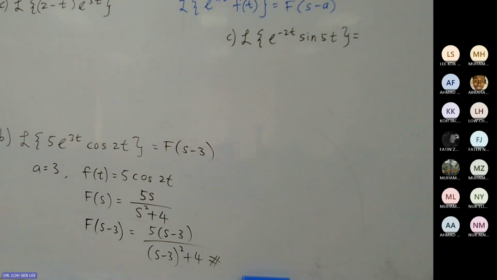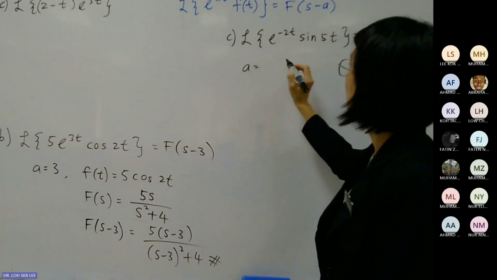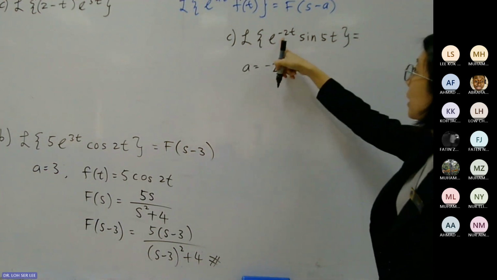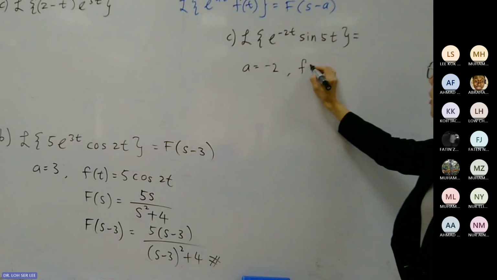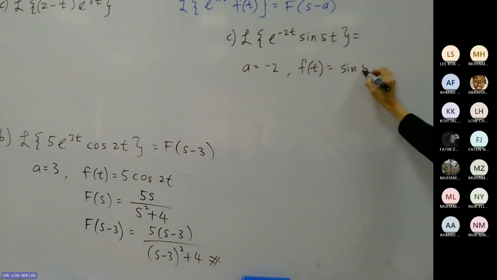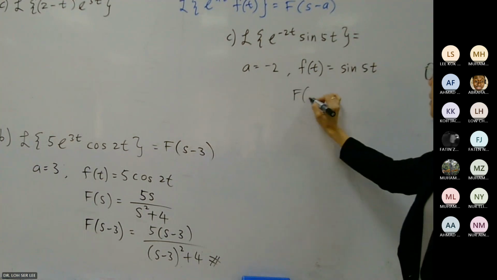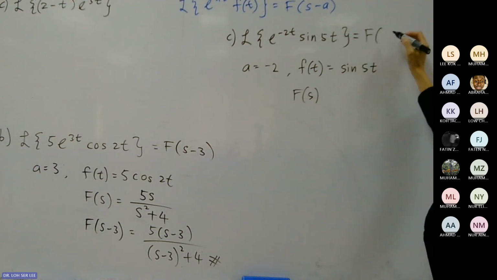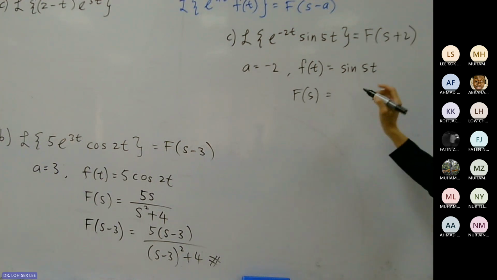Okay, question 3. What is your a? a is -2. And your f(t) is sin 5t. And this will be F(s plus 2).